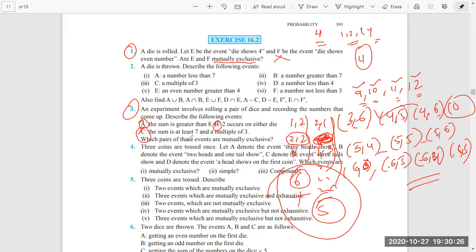In part C, the sum is at least 7 and a multiple of 3. At least 7 means 7 or more, so the sum can be 7, 8, 9, 10, 11 and 12. And it is a multiple of 3.